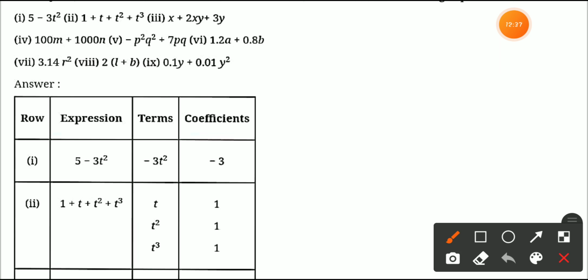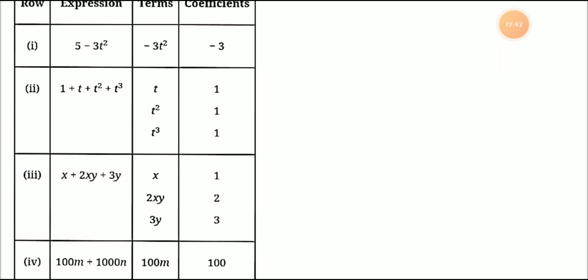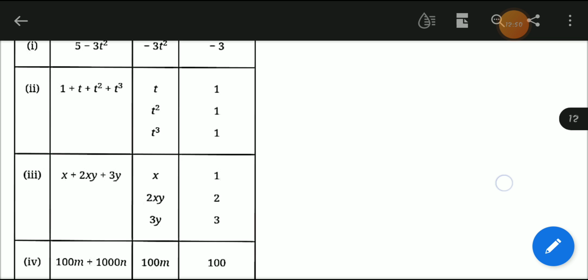Okay, and all 3 have 1, 1, 1 as a coefficient. In the third one we have x plus 2xy plus 3y. Here we have 1, and here we have 2, and here we have 3. Okay, in the fourth one 100m plus 1000n. In this we have 100m, and second is 1000n, 100 and 1000.